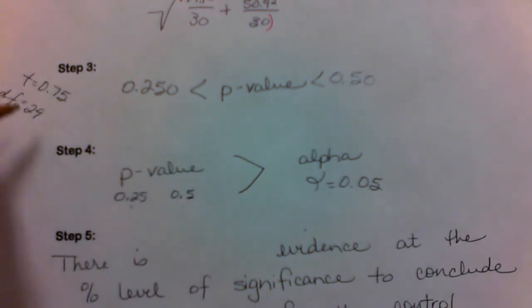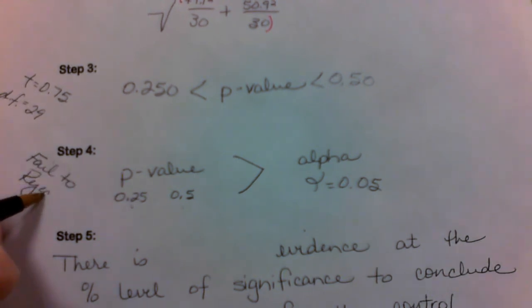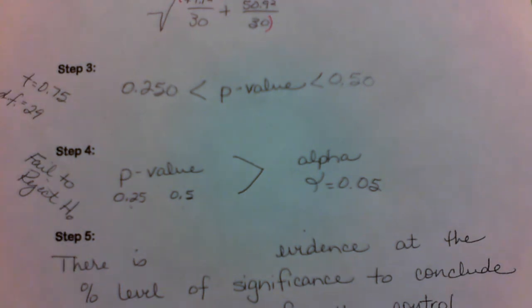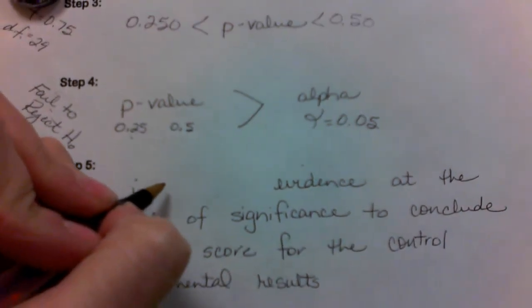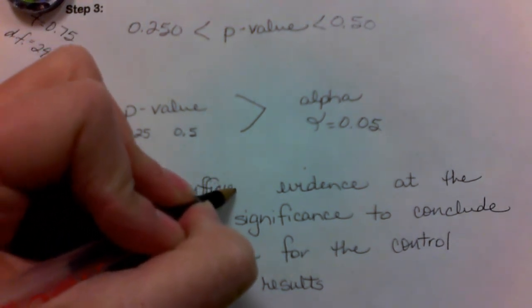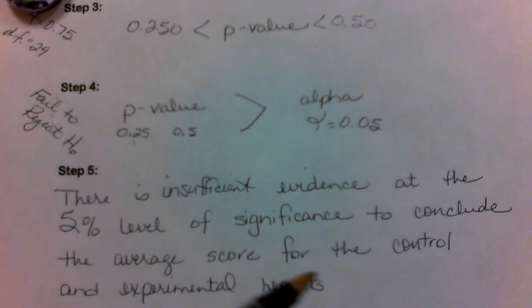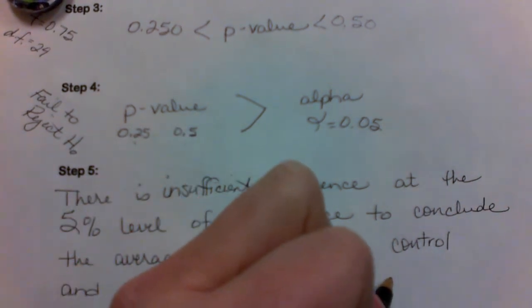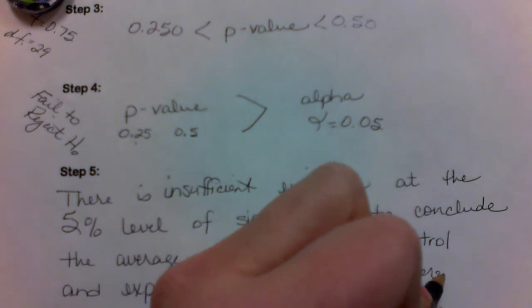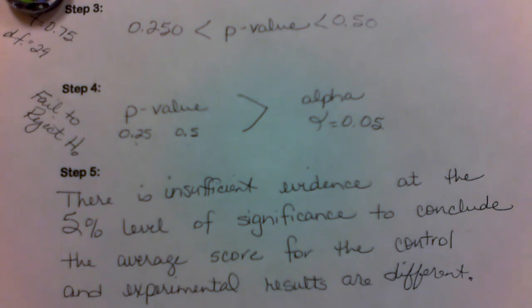Since it is greater than, I fail to reject the null, which means I can't say anything has changed. So we have insufficient evidence to prove anything. I have insufficient evidence at the 5% level of significance to conclude the average score for the control and experimental results are different. So basically, I haven't proven anything. And that concludes 8.5.